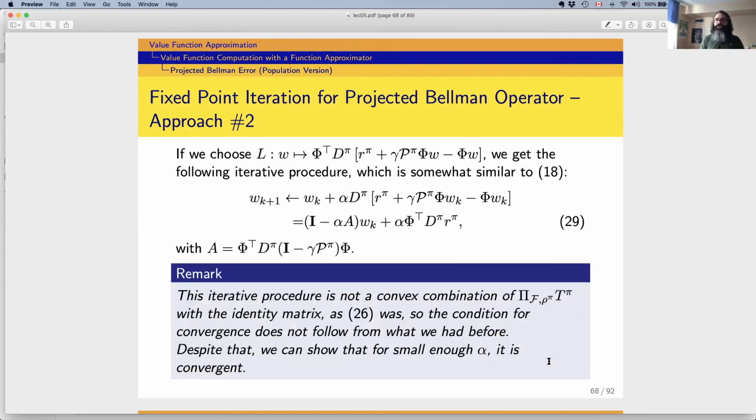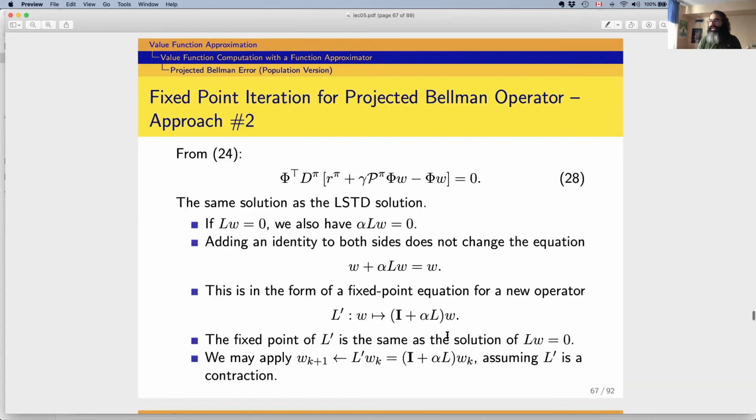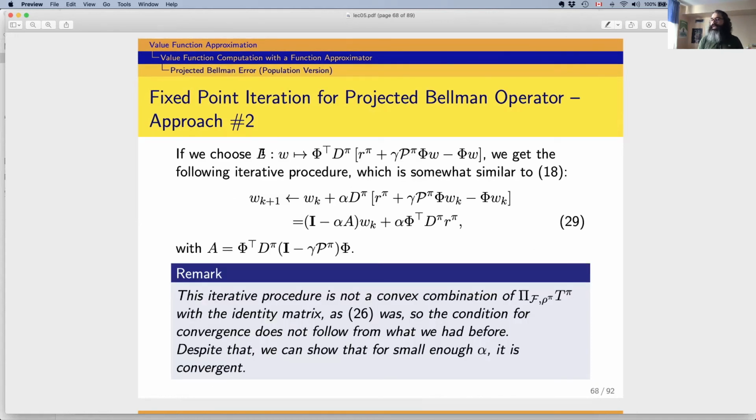To relate it to what we had here, from this equation 28, I define L to be equal to that value. So L is a mapping from W, from phi transpose D pi, this Bellman residual part, and we follow a similar iterative procedure to get this equation.